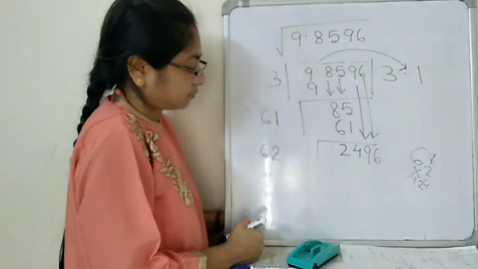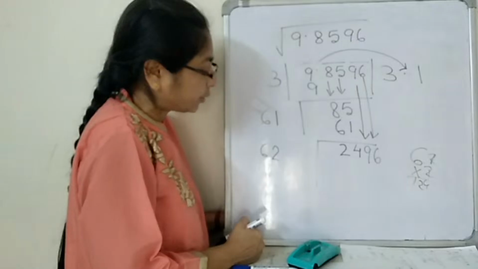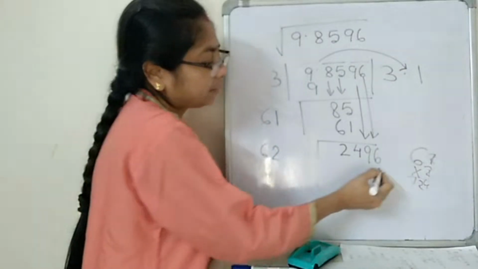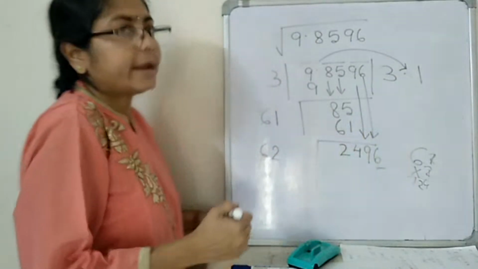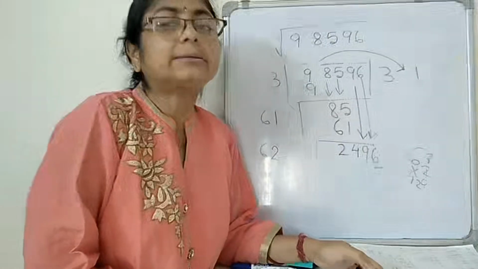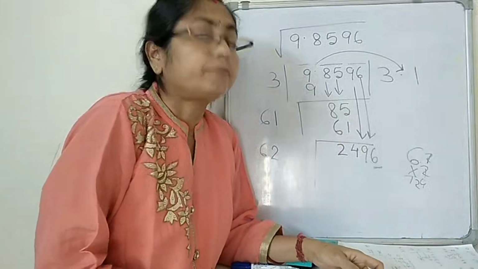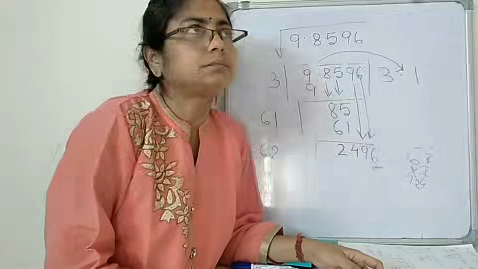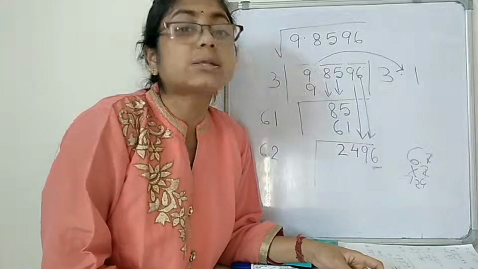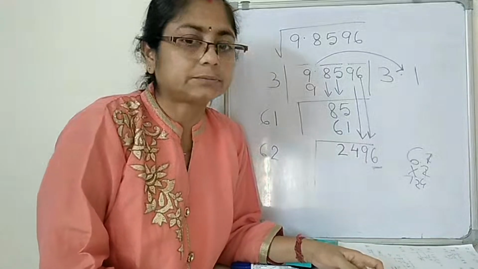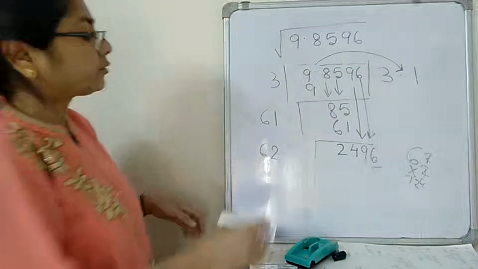Okay? Now check the last digit. It is 6. Where do we get the 6? 4 gives 16 and 6 gives 36. Okay? So first we try.